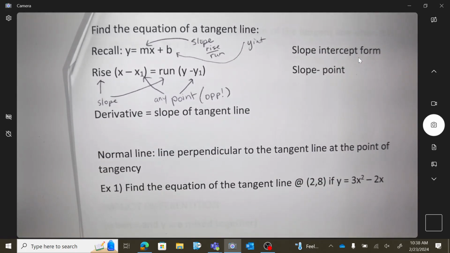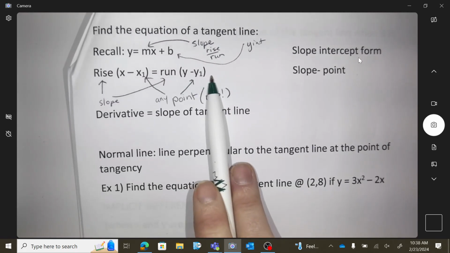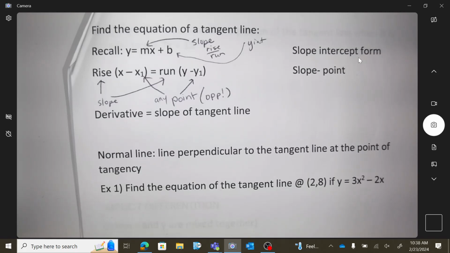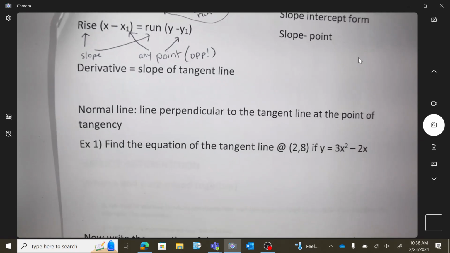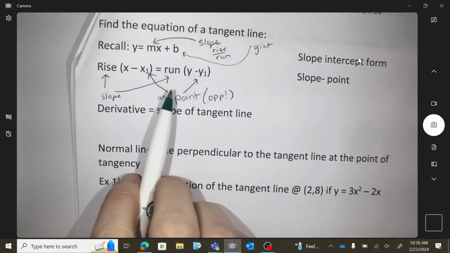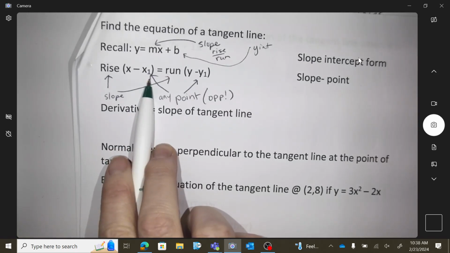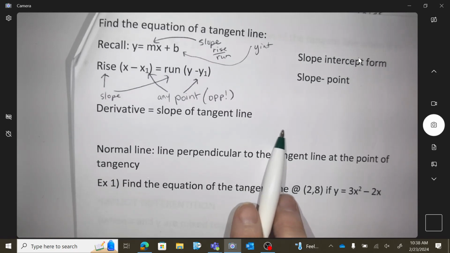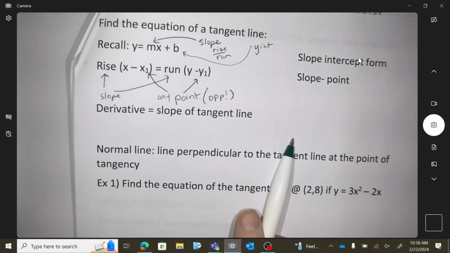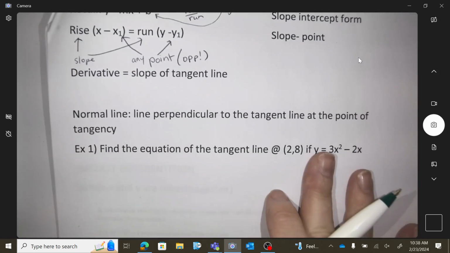And then why do you think I'm going to write opposite? Because the equation has subtracting, so you would write the opposite. Okay, so let's see how this works. What do you mean by opposite? So if my coordinate has an x value of 2, my equation will say x minus 2. If my coordinate has an x value of negative 2, my equation will say plus 2. Okay.